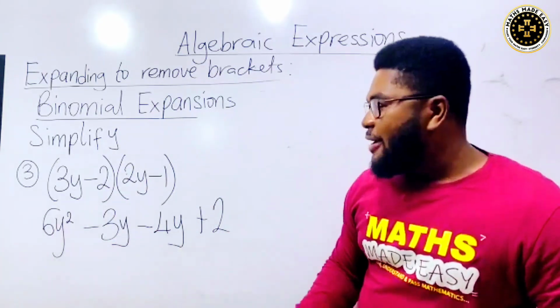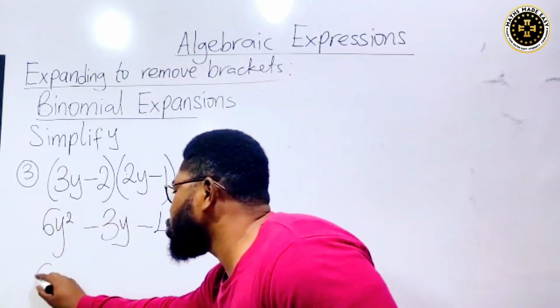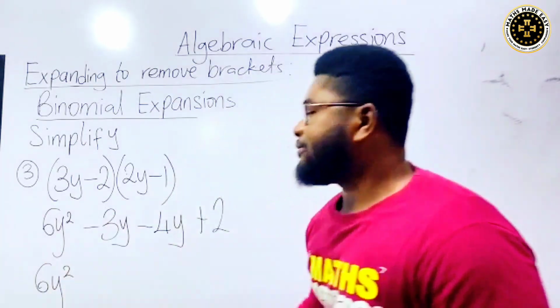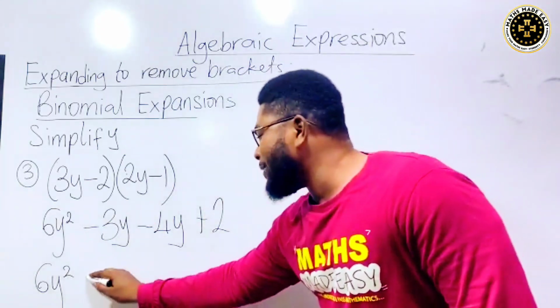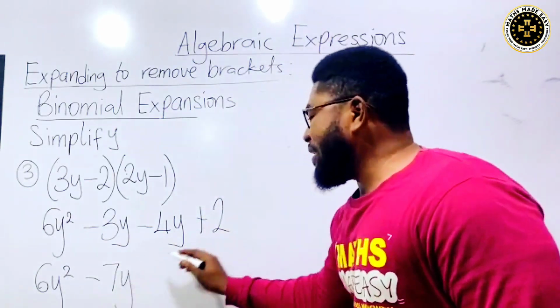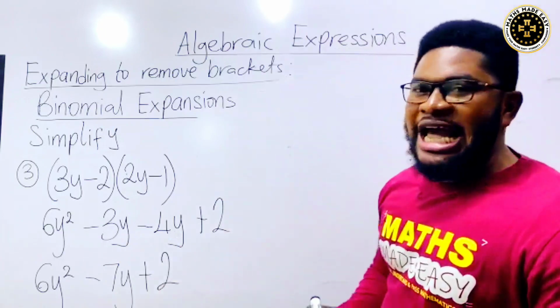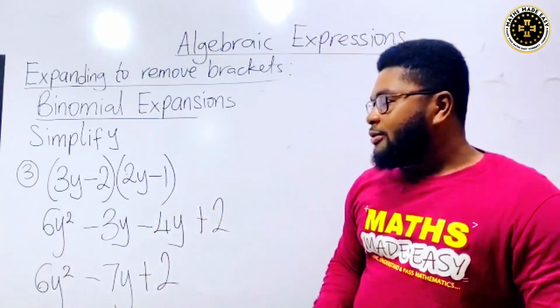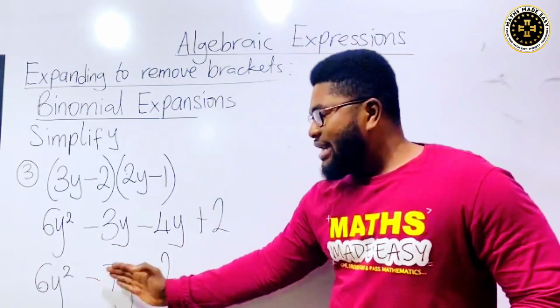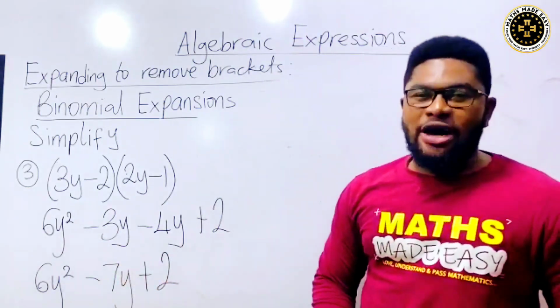So let's simplify. 6y squared minus 3y minus 4y will give us minus 7y. Then plus 2. Since there are no like terms in the expression, we can conclude and make 6y squared minus 7y plus 2 our final answer.